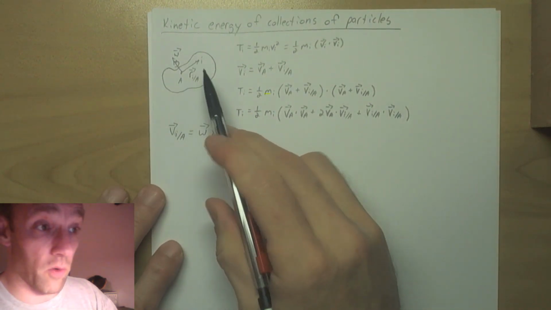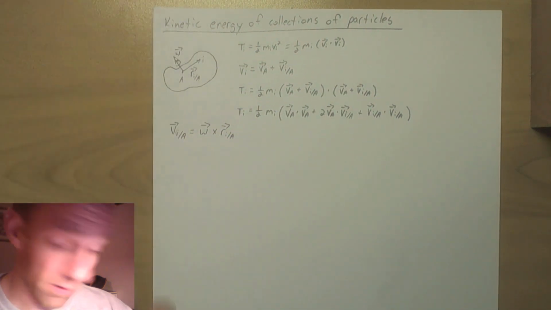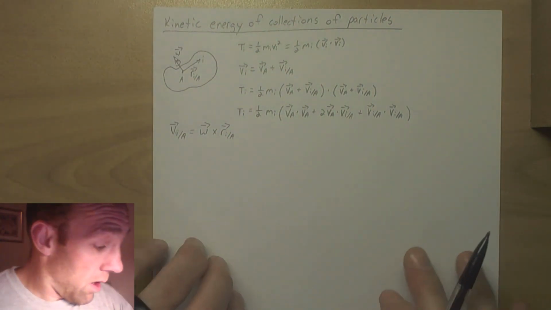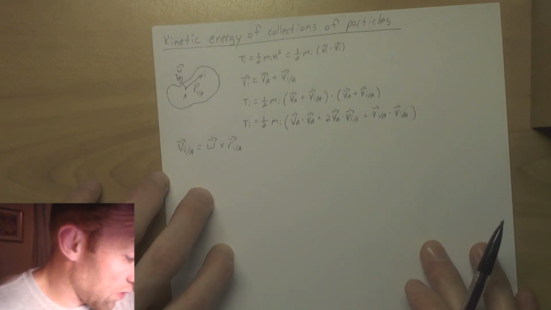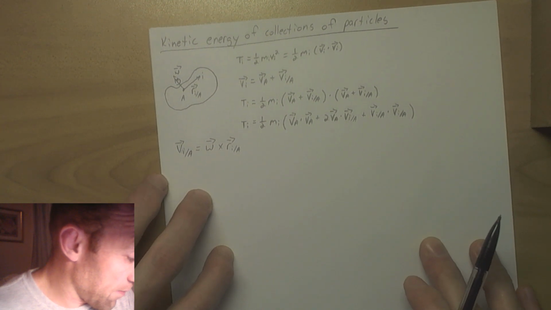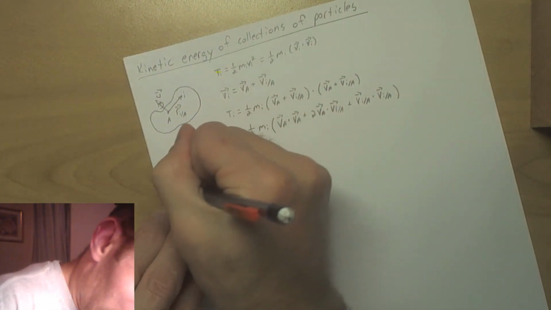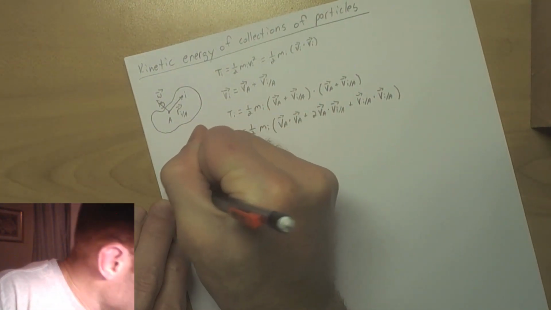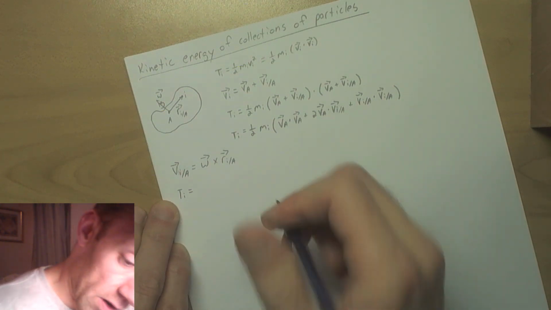And that's due to the fact that these particles are moving in unison, as you know, as a rotation about omega. All right, and so therefore, we can sort of incorporate that into our definition here.